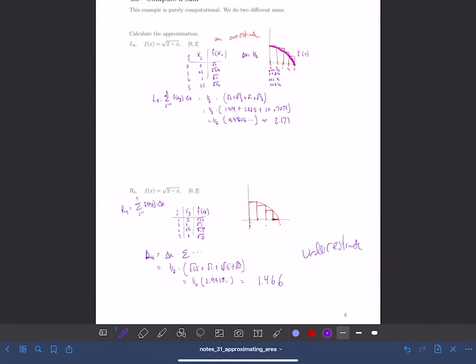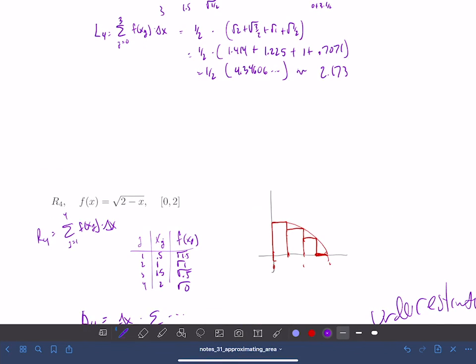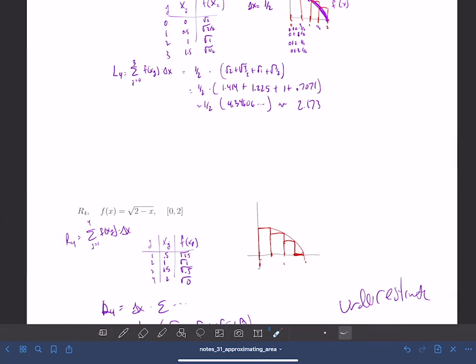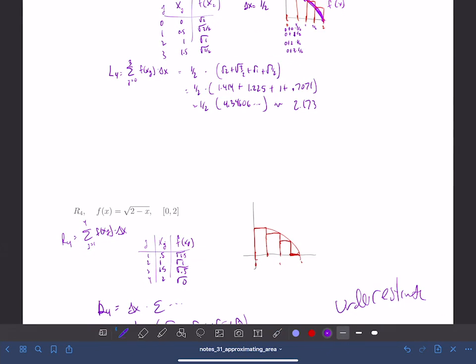Okay, so one thing I'd like you to note is that in this table right here, I could have generated one table that had my j's from 0, 1, 2, 3, 4, my x sub j's being 0, 0.5, 1, 1.5, 2, my f of x sub j's being root 2, root 1.5, root 1, root 0.5, root 0.